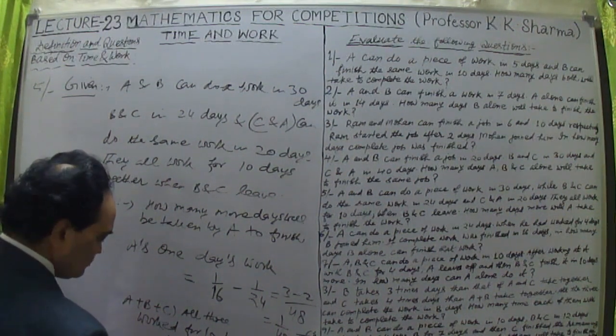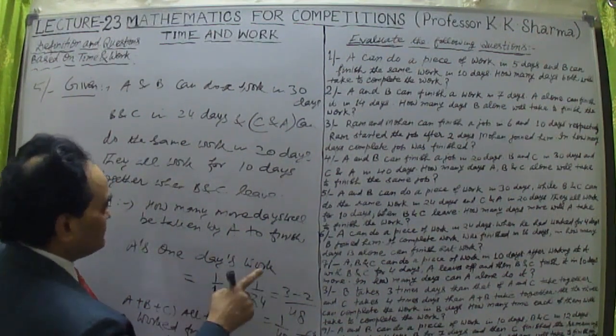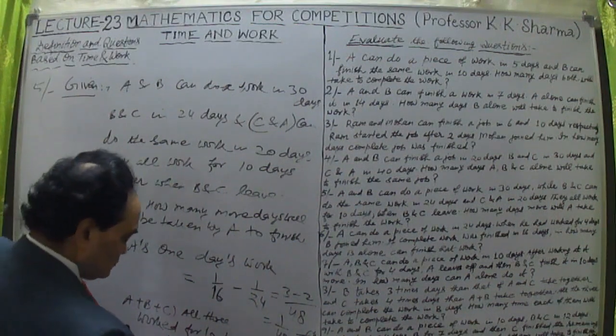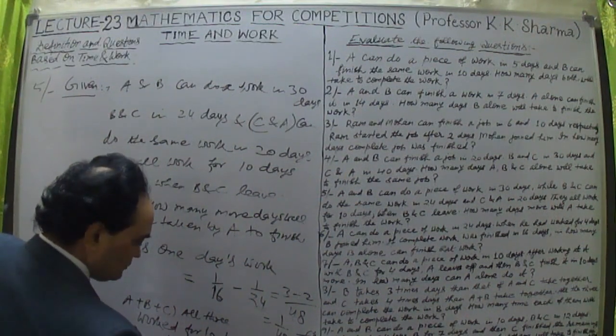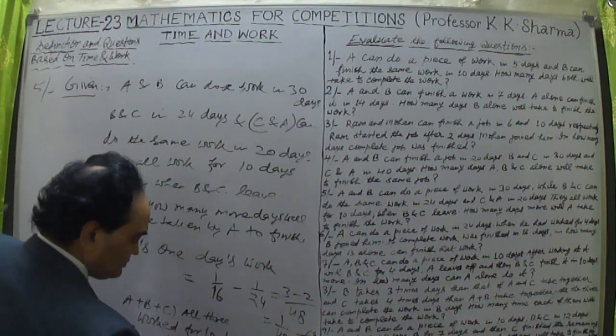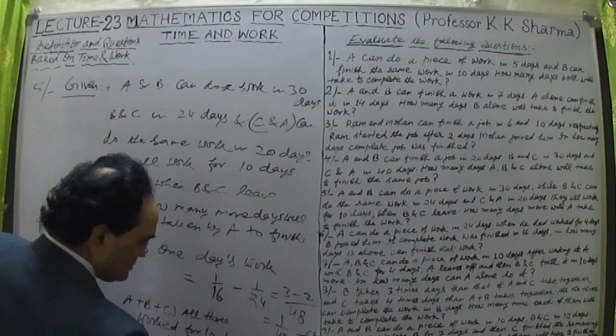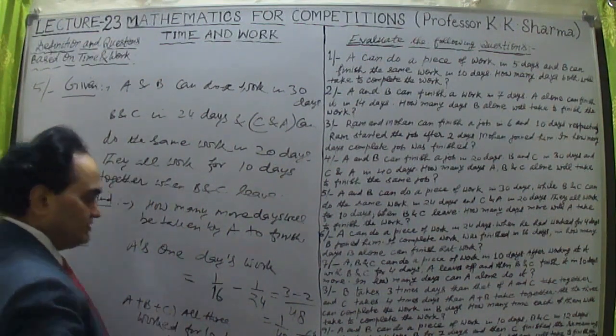Therefore, they completed the whole work. How much? The rate is 1/16. 1/16 is the rate of all the three. This is 10 into 1/16. Because 1 day's work is 1/16, 10 days' work will be 10 upon 16, that means 5 by 8. 5 by 8 work was completed.